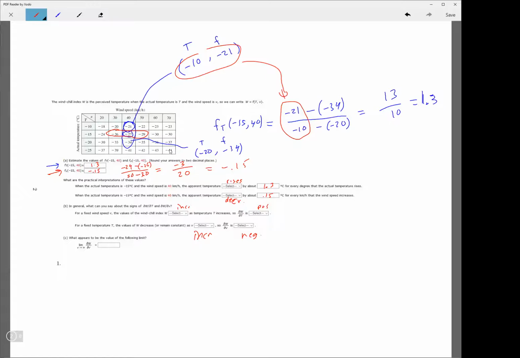As we're moving along the table here. So that means that if you're taking this to infinity, with winds that are greater and greater speed, then it's going to be 0 eventually. The change is going to be 0, going to 0.